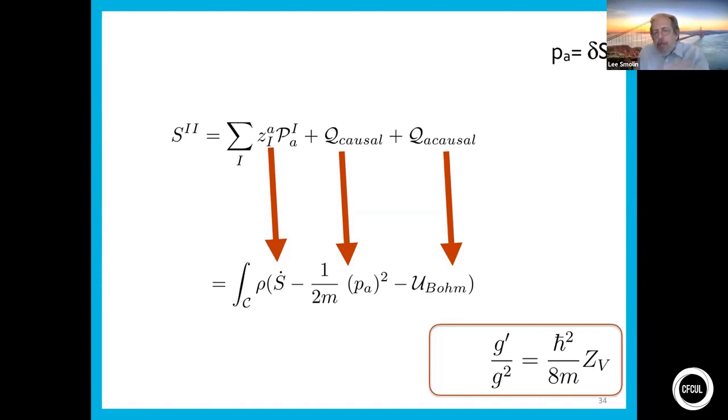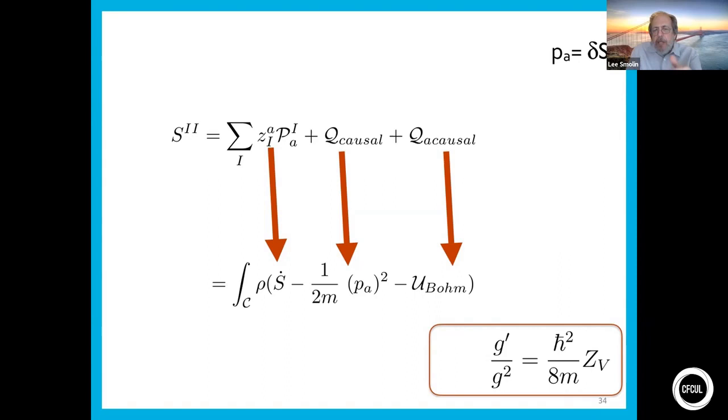after you do all the integrating out you can do, and you introduce a probability distribution, rho, to represent an ensemble of such systems. And then the action principle becomes the integral of rho times what looks like the Hamilton-Jacobi equation with the additional potential, which, not surprisingly, turns out to be the Bohmian potential.